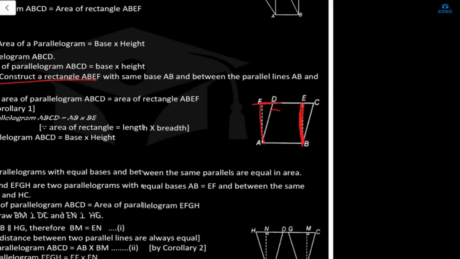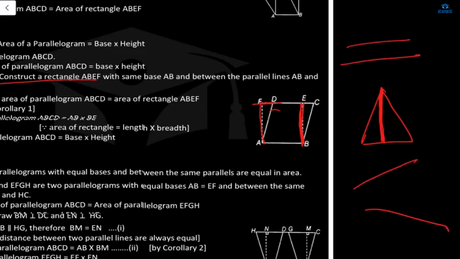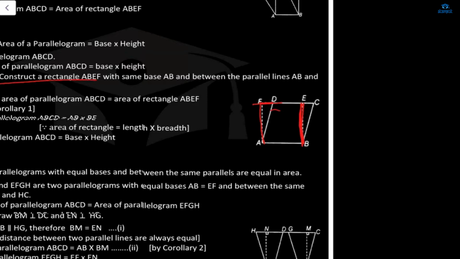If I am talking about the height of a triangle, that is the perpendicular distance, the shortest distance. Similarly, for two parallel lines or any two lines, when you draw the perpendicular, that is the height. So I'm using a rectangle.